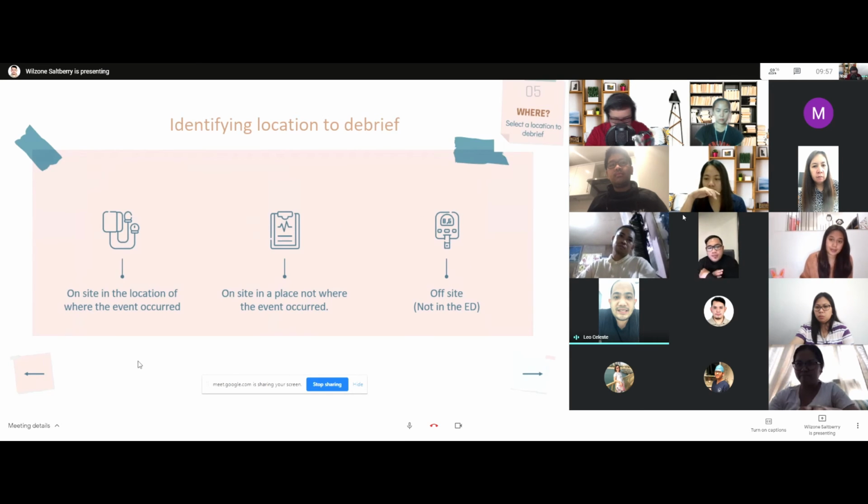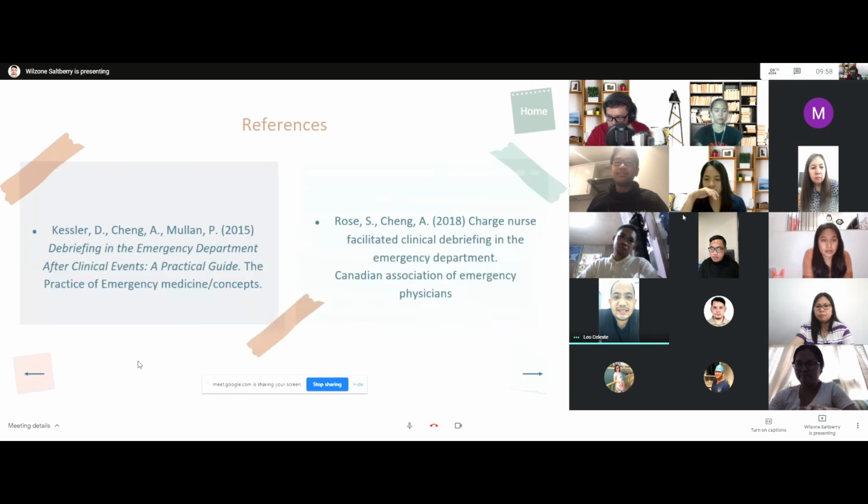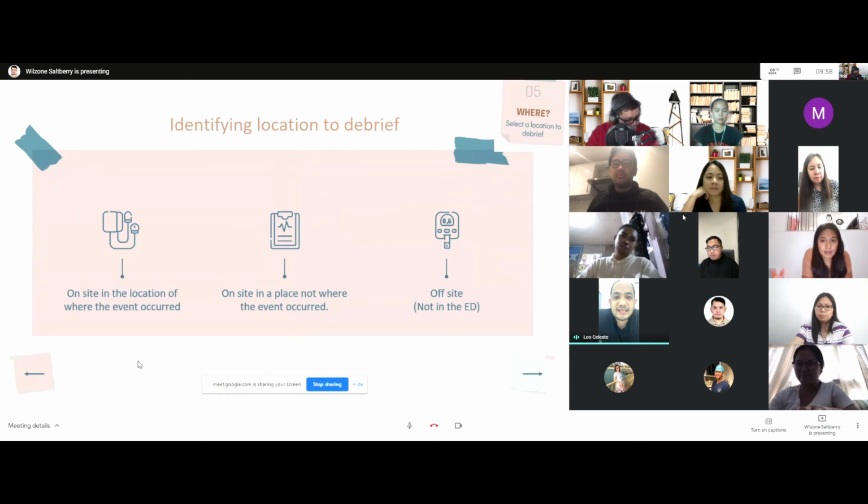And the last is identifying the location where to debrief. Debriefing can be done on site, at the location where the event occurred. It can also be done on site in a place other than where the event occurred, or off site. Usually a separate location may allow tension to be diffused, enhance privacy, limit distractions, and enhance participant comfort.